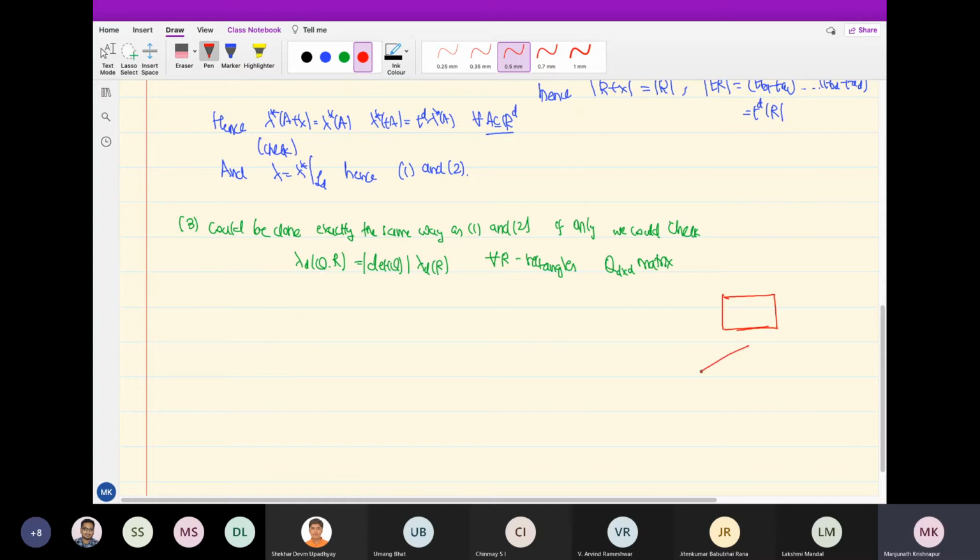But what if our rectangle is like this? Do we know that if this is L and B, is lambda of R equal to L times B? Is this true or false?